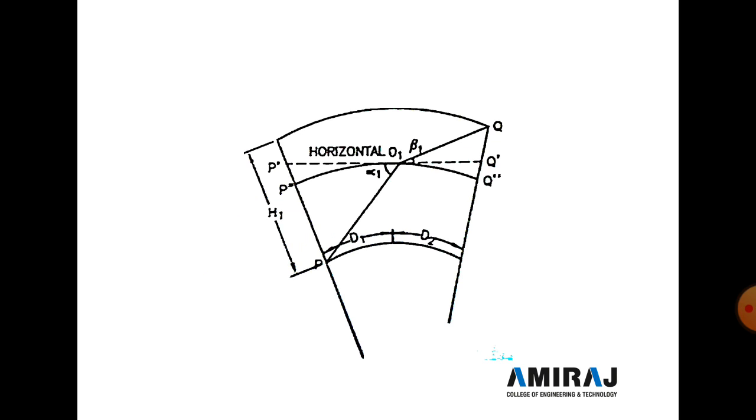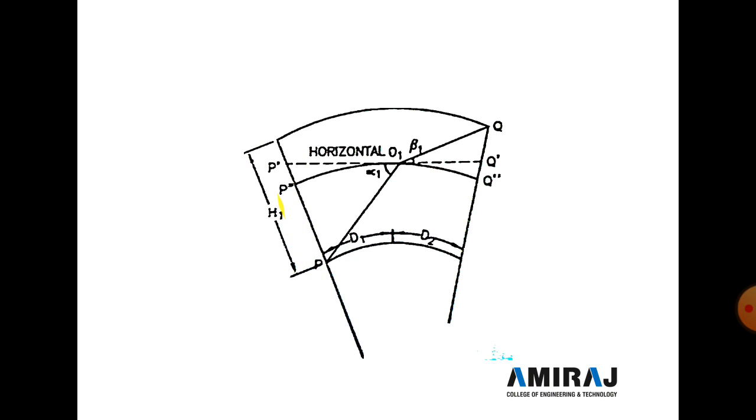And here P dash, P double dash, and Q dash, Q double dash. Both are differences of elevation. So how do we find P double dash, and how do we find Q double dash? From the figure you can see P double dash minus P dash, and we get the exact height difference.